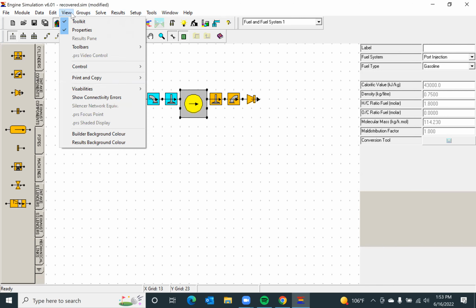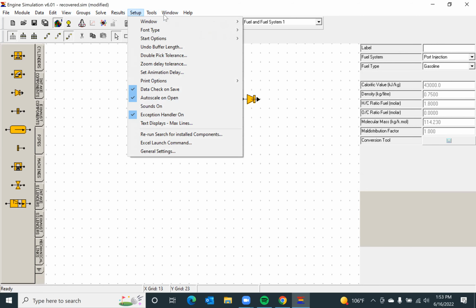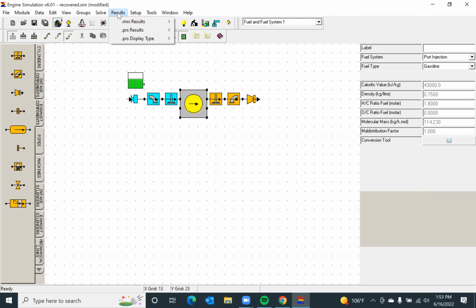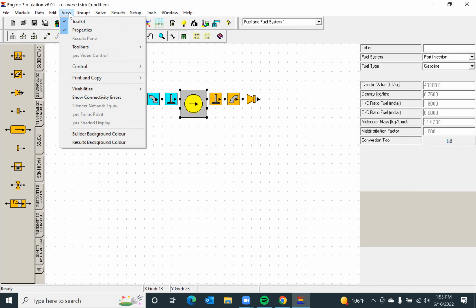So let me see. There is one more thing that I want to talk about. Builder interface, simulation parameter, results graph, results view, simulation concept tool, friction estimator. Okay. And let me see, tools, results, solve, view.